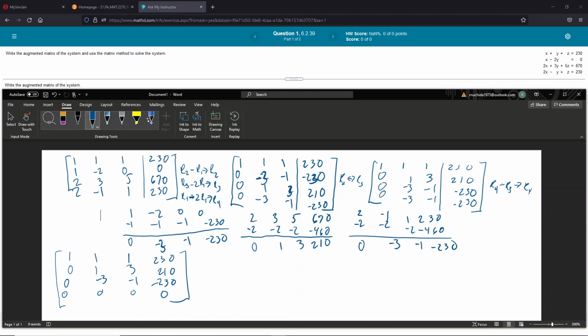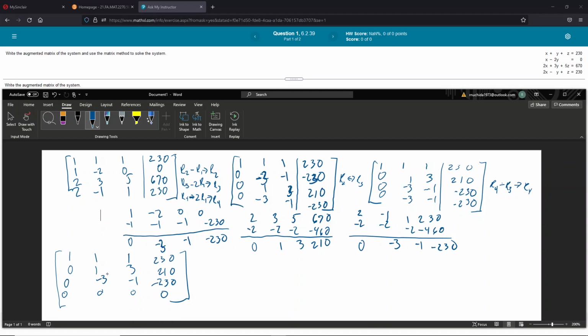You end up with a false statement, and that's an indication of the no solution case. So we do have to go through these steps. But for this example, we really just have to worry about the first three rows, because the last one is just a row of all zeros now.